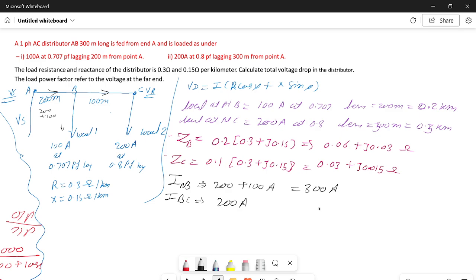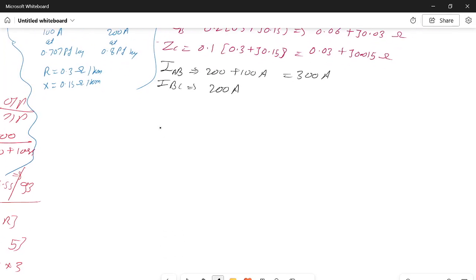Okay, now we are going to find out the voltage drop. My voltage drop is equal to I into (R cos phi plus X sin phi). This is the formula. I know the current. First we calculate for B and C, where the current is 200 ampere.